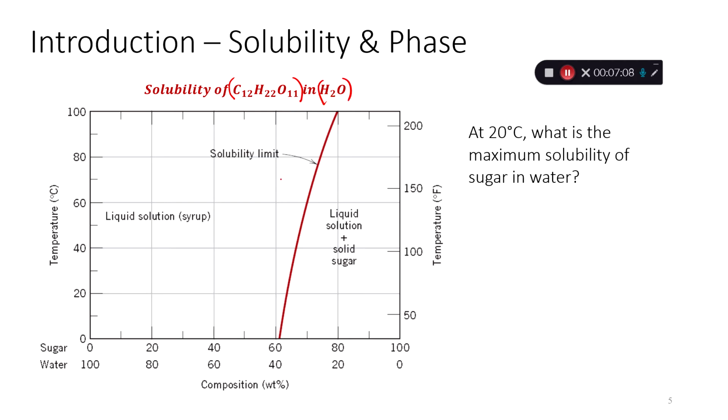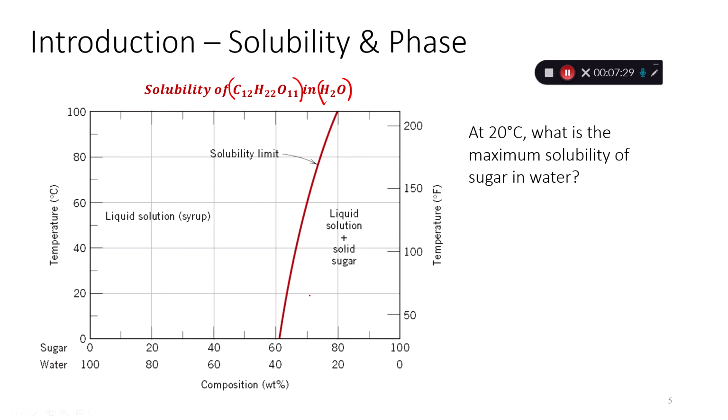So the graph, let's get familiar with the graph. On the y-axis is the temperature of the solvent. On the x-axis is the composition, how much water and how much sugar is there in the mixture.